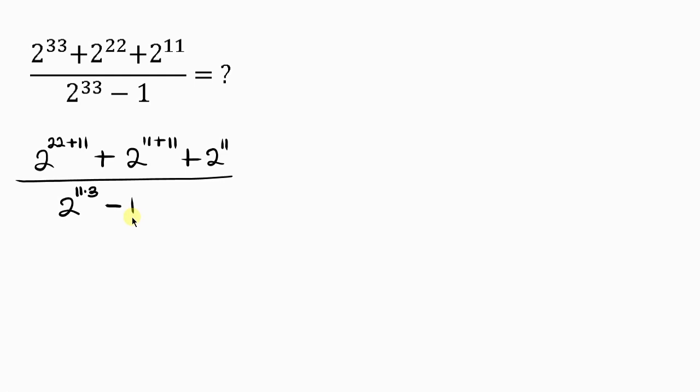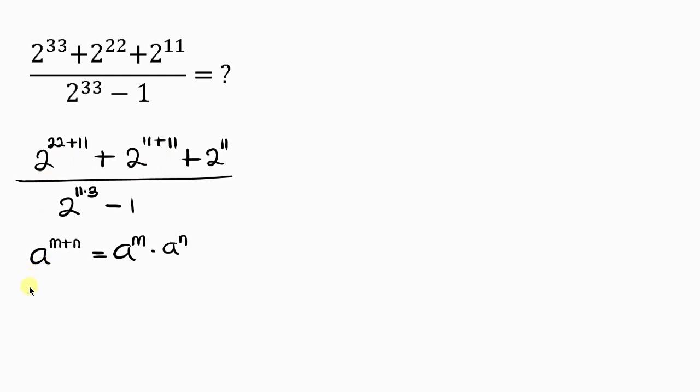Our next step will be for us to apply the property of indices to what we have on the numerator. The property of indices says, for example, when I have a^(m+n), this can be written as a^m times a^n. So let's apply this property to what we have here and here.